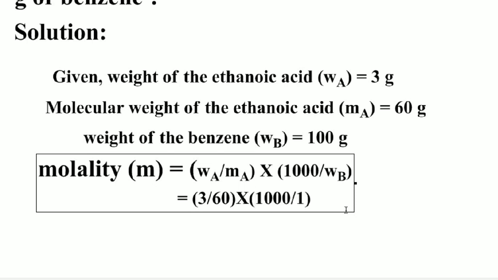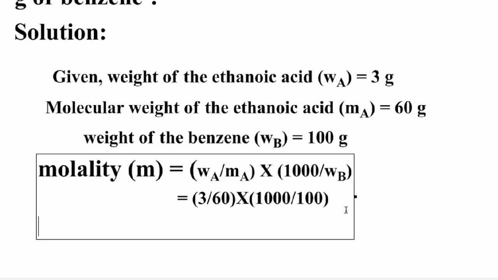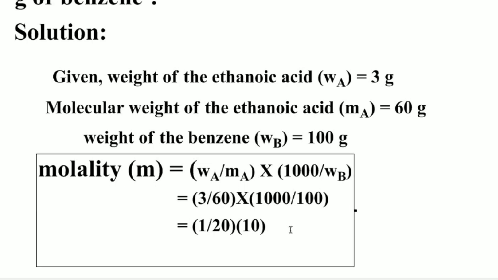Students, 3 by 60 means 1 by 20. 1 by 20 into 1000 by 100, which is 10, that equals 1 by 2. 1 by 2 means 0.5.